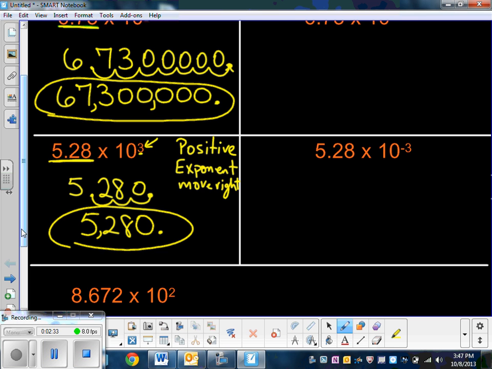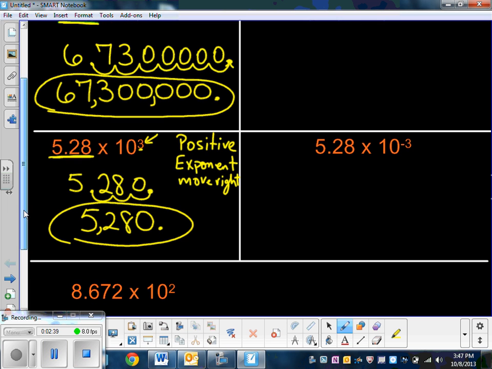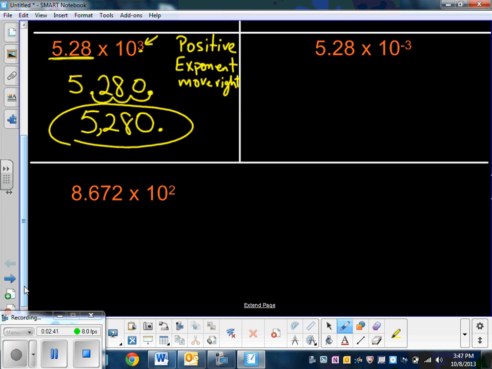Now in the first 2 examples, we needed to fill in zeros in empty spots while moving our decimal. That's not always going to be the case. We could have an example like 8.672 times 10 to the 2nd. If we begin with our decimal term once again and examine our exponent, it's telling us to move our decimal twice to the right.